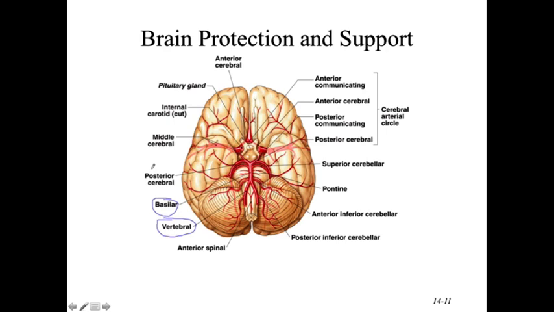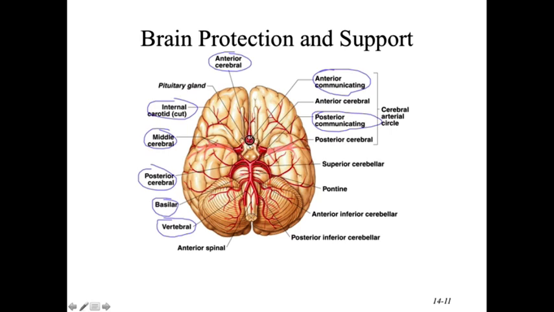And then we have a posterior cerebral, a middle cerebral, and there's also an anterior cerebral. And the carotids are here. Here's the internal carotid cut. And there's also a posterior and anterior communicating. So here's the anterior communicating artery, and there's the posterior communicating artery.